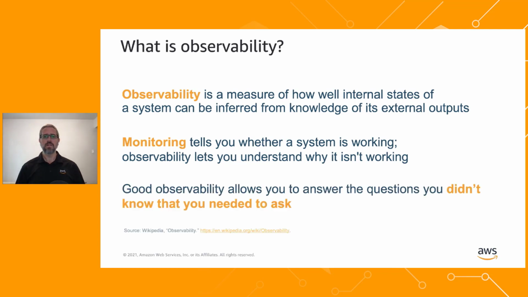Good observability helps you to answer the questions that you didn't know that you needed to ask or didn't know were important. And very often, these are the why questions. Why is a system behaving in a particular way, as opposed to just knowing that it is not behaving the way that you want it to at a particular point in time.